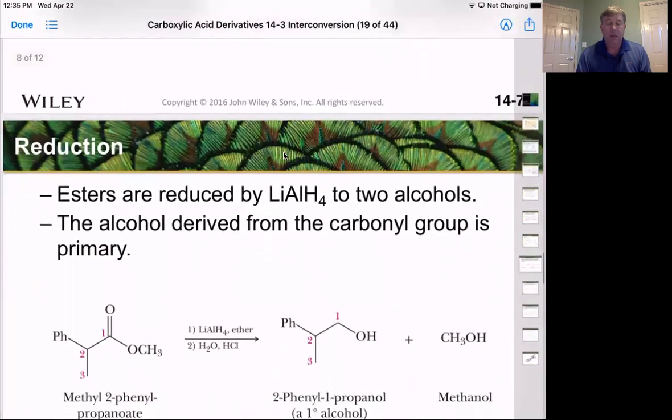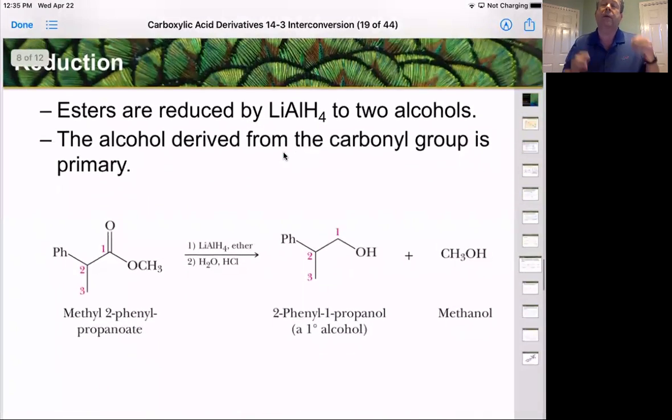Okay, so we've been able to do a substitution reaction on that and actually completely eliminate the carbonyl group here. We can also add hydrogens across that carbonyl just like we did before. In the case of esters, we have to use something very strong. Our strongest reducing agent is lithium aluminum hydride.